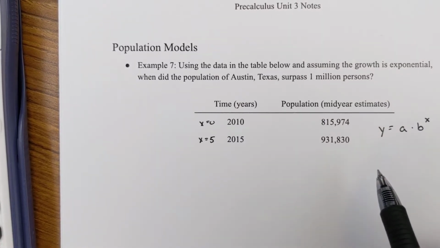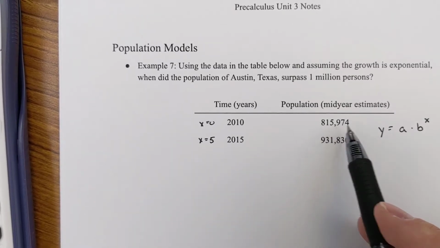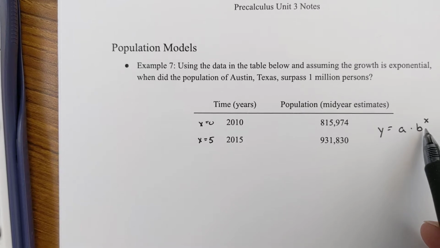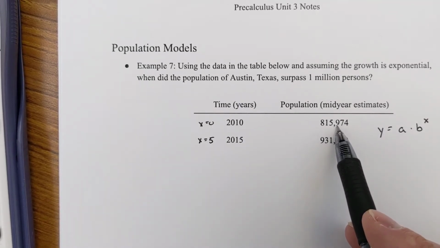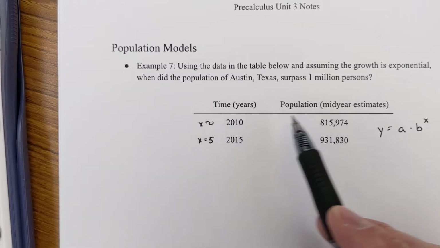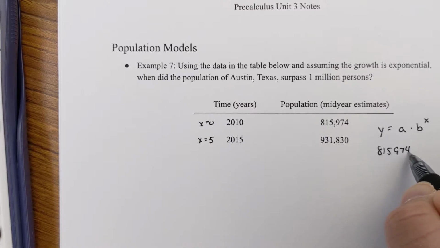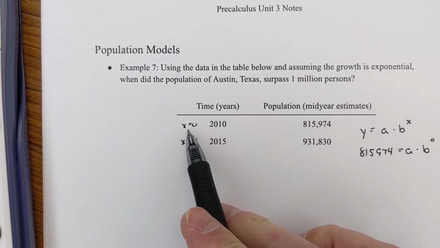Now, I do know x and y values, so I can use that to solve this equation. If I set x equals 0, that makes this my a value, because 815,974 equals a times b, which I don't know, but my x value is 0 for this row.